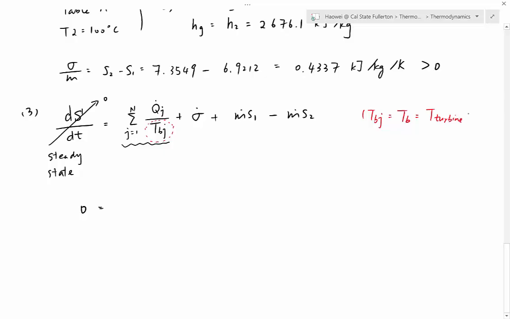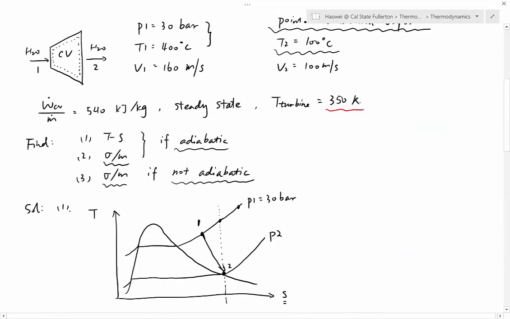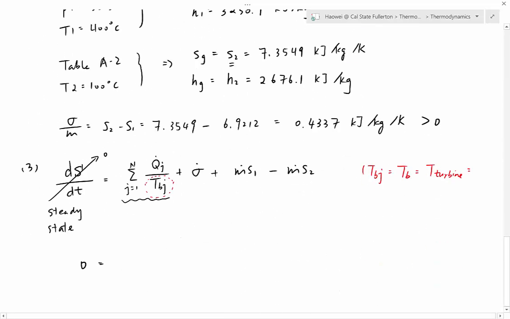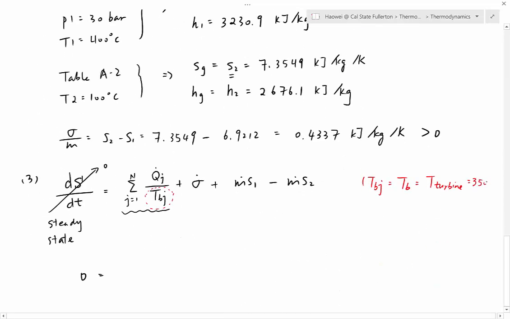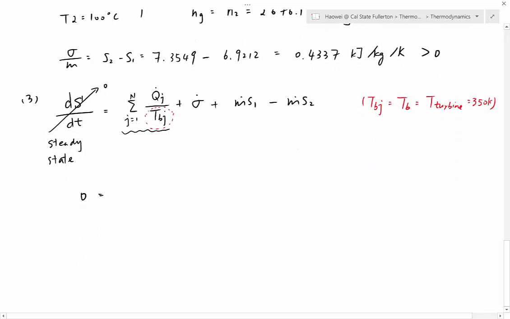B means boundary, and it is given as, what is the temperature given? Here, 350 K. So we can write it down. It's 350 K. If it is constant, what can we do? So that means when you do the sigma, every term has the same denominator. If every term has the same denominator, then you can just combine them. So they have the same denominator, which is Tb, and you just sigma up all the numerators.